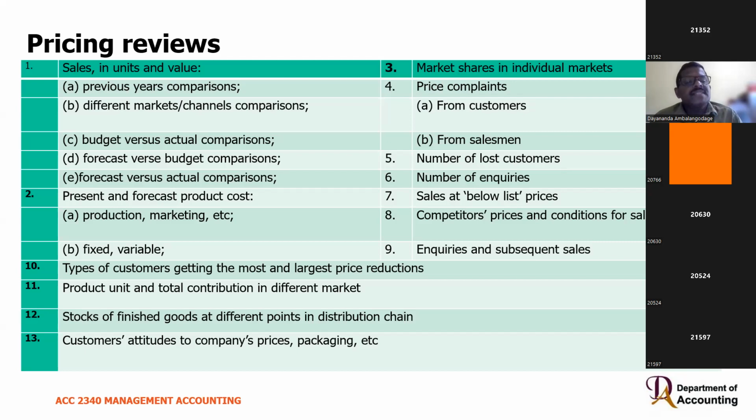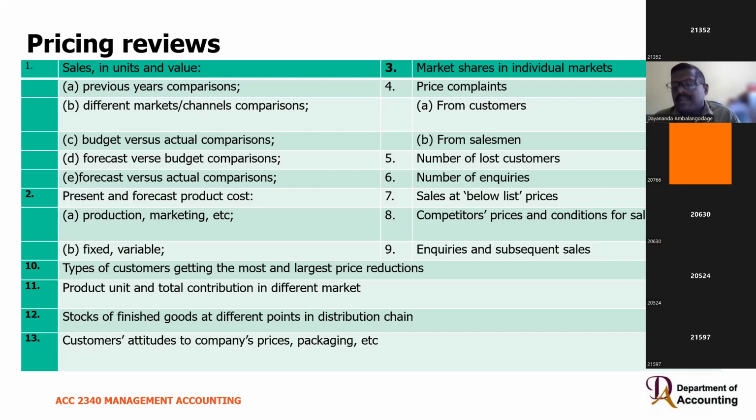Then you can also consider the same data, sales units and sales values, with budget versus actual, forecast versus budget, and forecast versus actual comparisons. Likewise, your sales can be compared with different benchmarks. Not only annual sales, you may compare daily sales, weekly sales, monthly sales, depending on your sensitivity, the nature of the competition, or the leadership of the market.